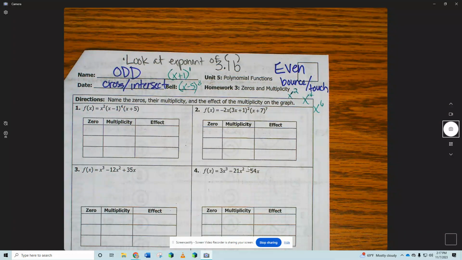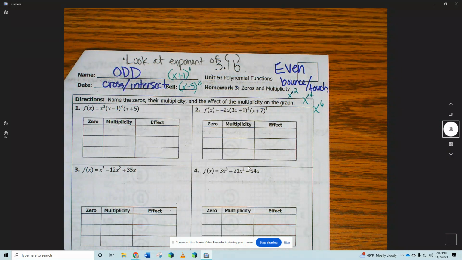So right now, on number 1, let's look at the exponents only. It's already factored for me. So right here, what's that going to do? X squared. Is that going to bounce or cross? It's even. It's there, and it's on the top of your paper. Didn't you write it on the top of your paper?